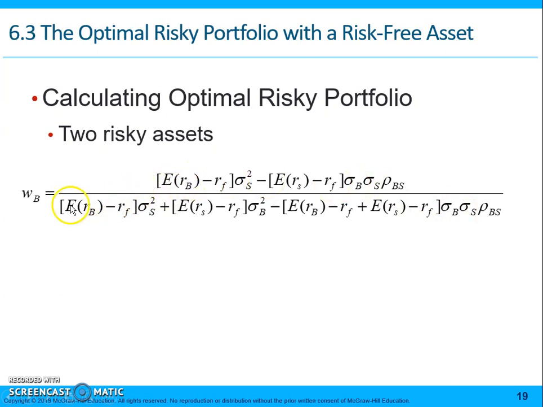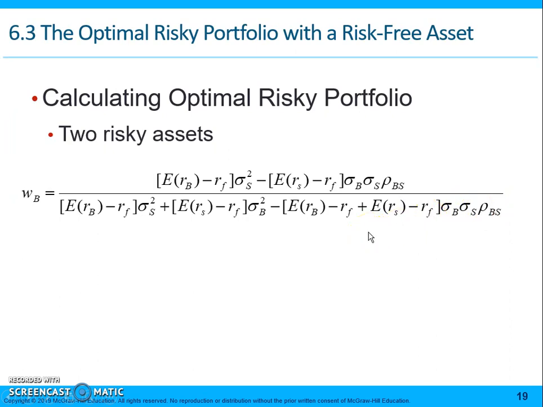So we divide that by the expected return on bonds minus the risk-free rate, multiplied by the variance for stocks, plus the expected return on stocks minus the risk-free rate, multiplied by the variance for bonds, minus the expected return on bonds minus the risk-free rate plus the expected return on stocks minus the risk-free rate, and we multiply that again by the covariance, or standard deviation for bonds multiplied by the standard deviation for stocks multiplied by the correlation coefficient for bonds and stocks.